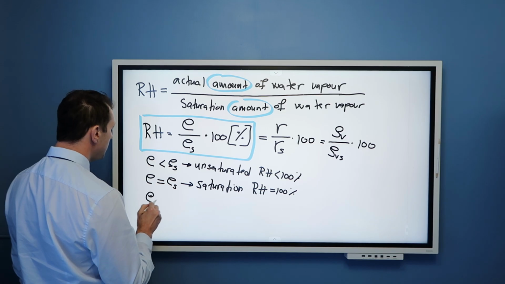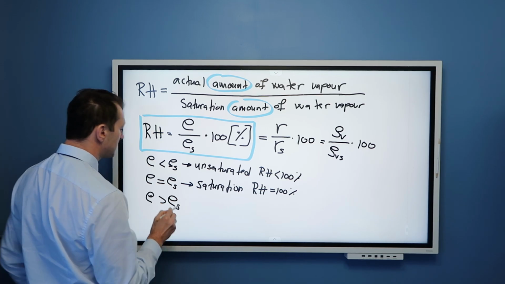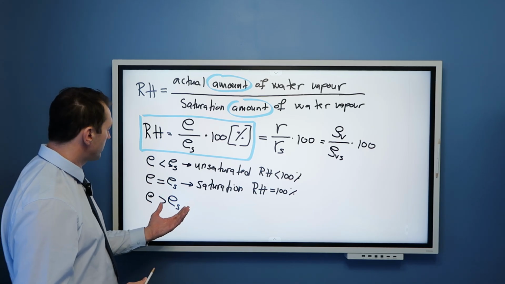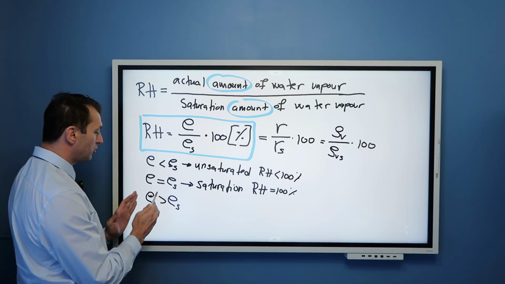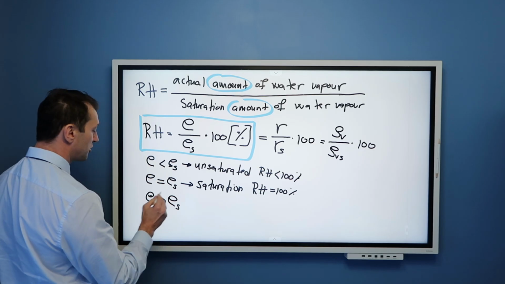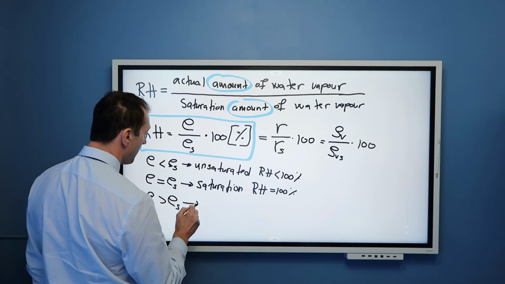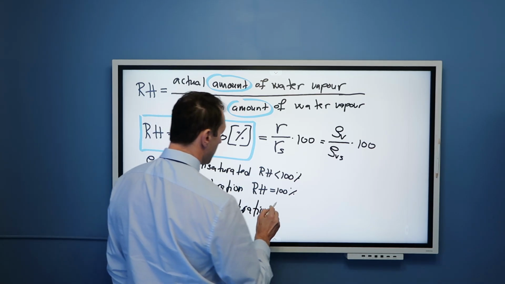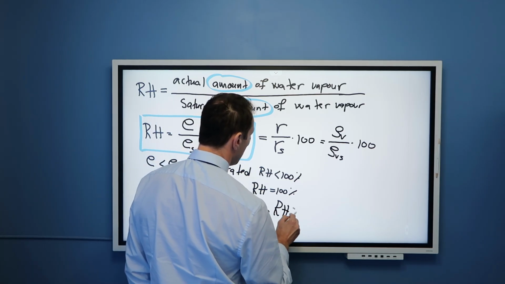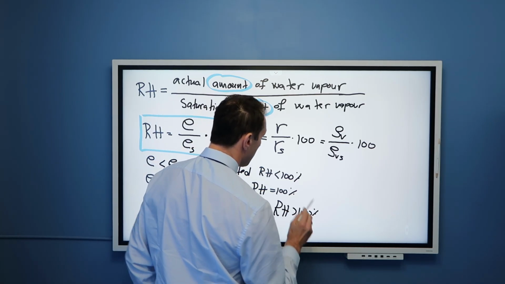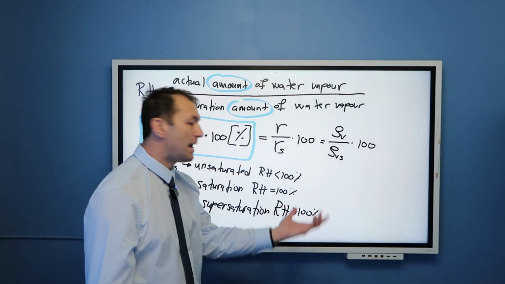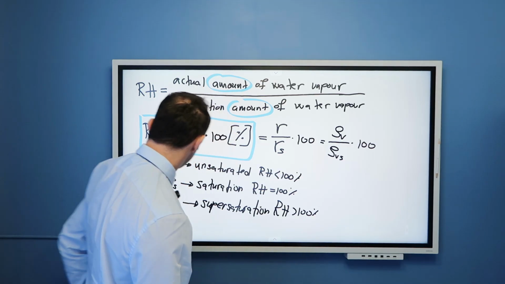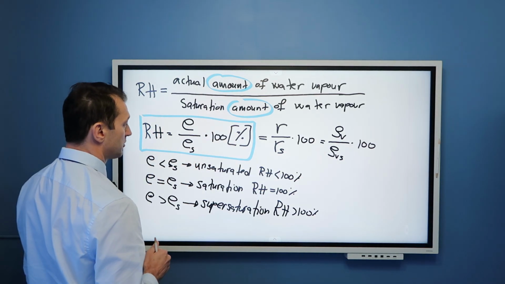And if e, can it be larger than es? Yes, it can. I discussed in my video on the saturation vapor pressure that there are transient conditions where partial pressure can exceed saturation pressure, and we call this supersaturated air. And in that case, relative humidity can exceed 100% a little bit. It can be 100 point something, maybe 101%. These are already very high levels of supersaturation in the atmosphere.